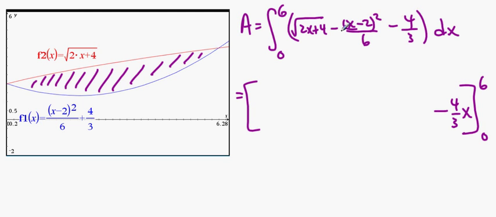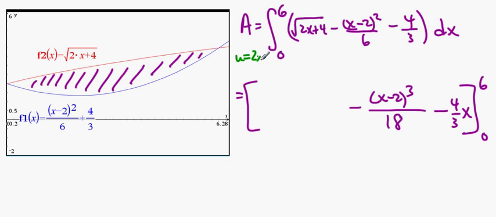This piece is the next easiest piece because if u is x minus 2, then du is dx, so we almost don't have to do a formal u-sub there. The power's going to go up by 1, and we're going to divide by the new power. Well, if we divide by 3, this 6 becomes an 18. It's this thing that's bothersome to us.